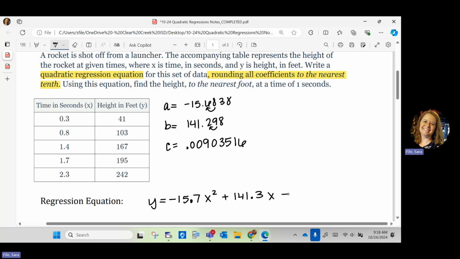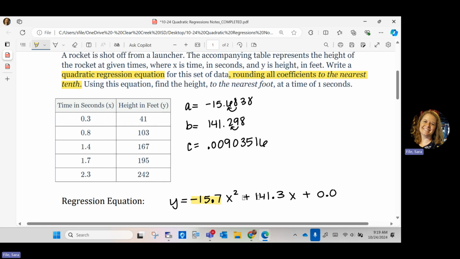And then what about my c? I'm rounding to the nearest tenth. What is c? It would just be 0, right? 0.00. Okay, so my c rounded to the nearest tenth is just 0.0. Do I actually have to write a 0.0?